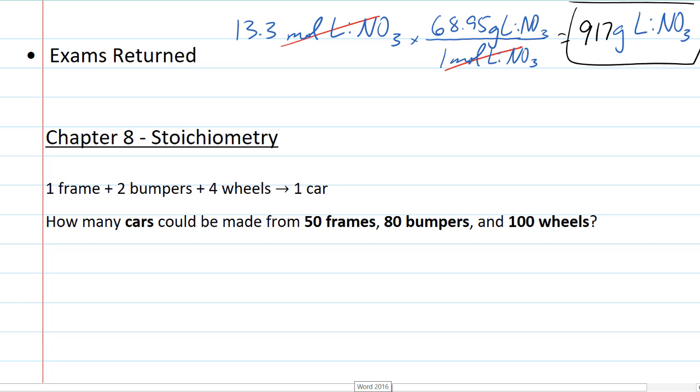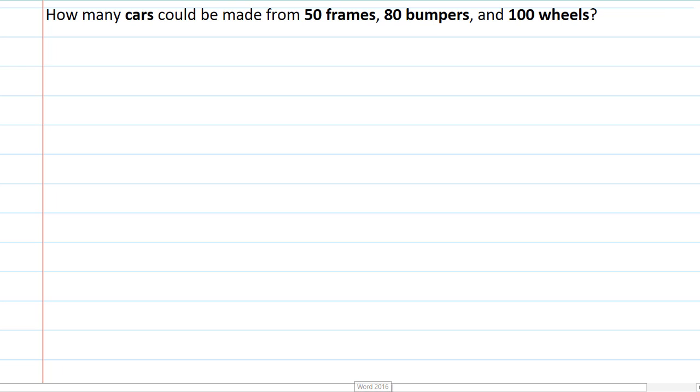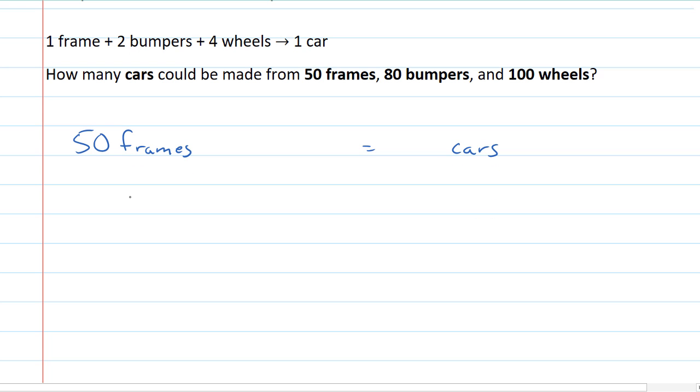So using dimensional analysis, we would look at it something like this. We would say that if we have 50 frames, we'd like to know how many cars we can make. If we have 80 bumpers, we'd like to know how many cars we could make.